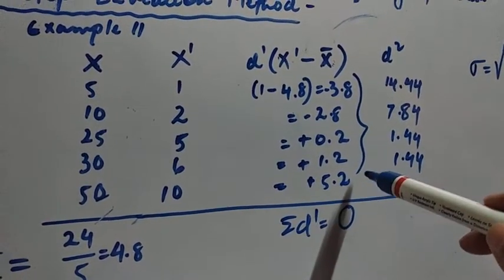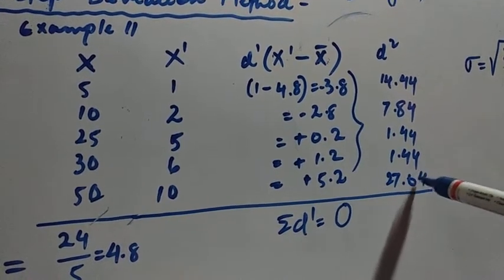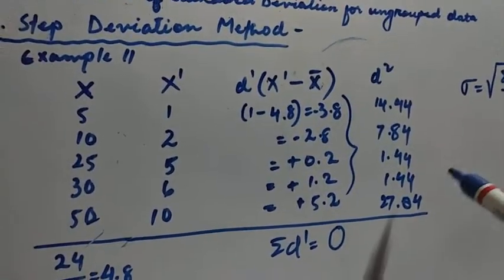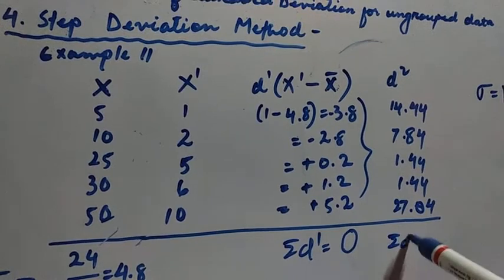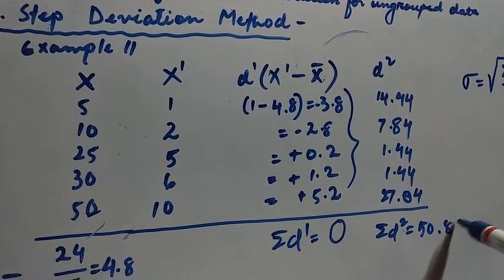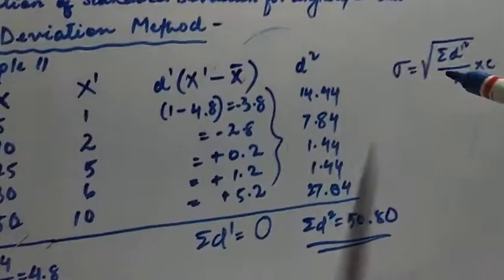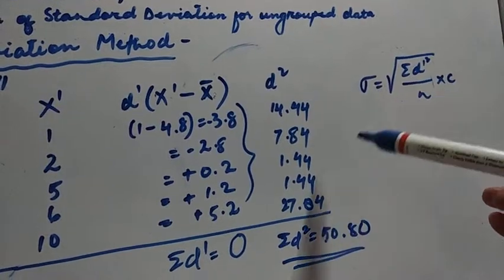And then 5.2 square is 27.04. And summation d square now is 50.80.